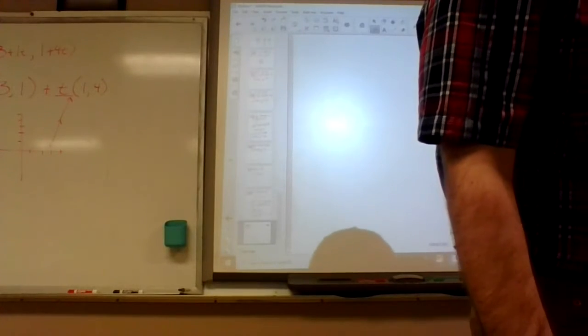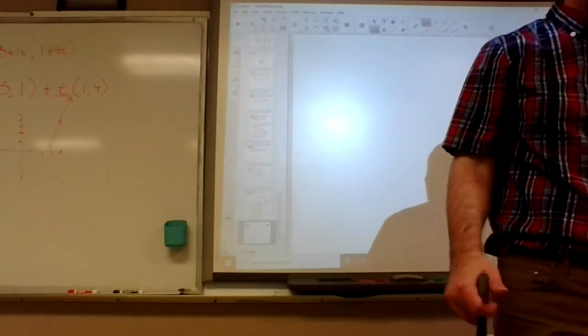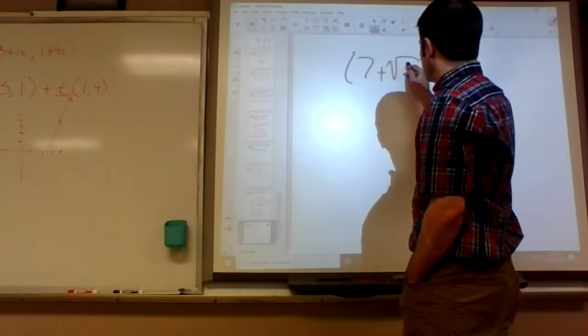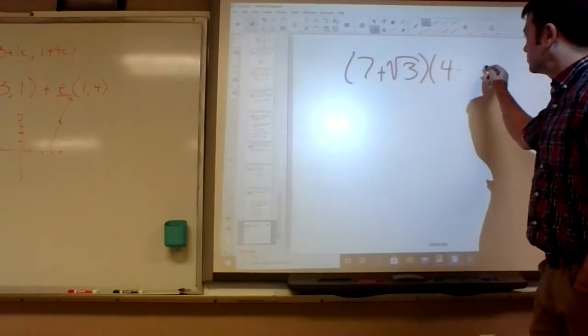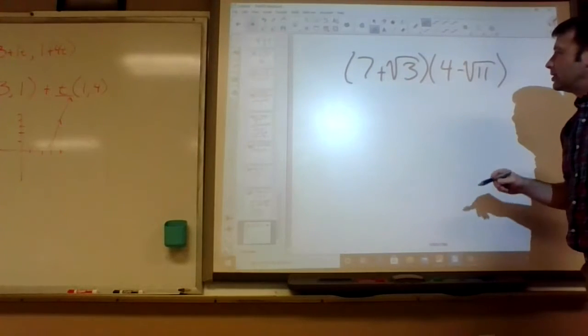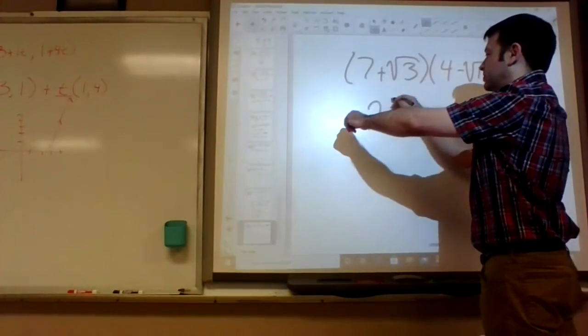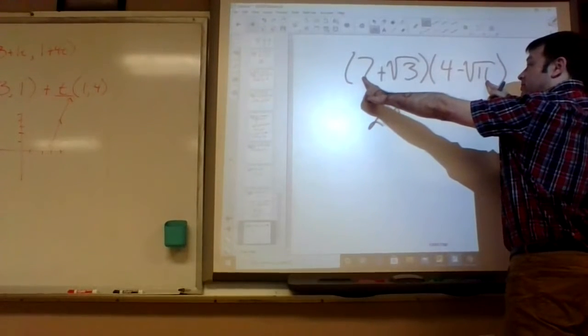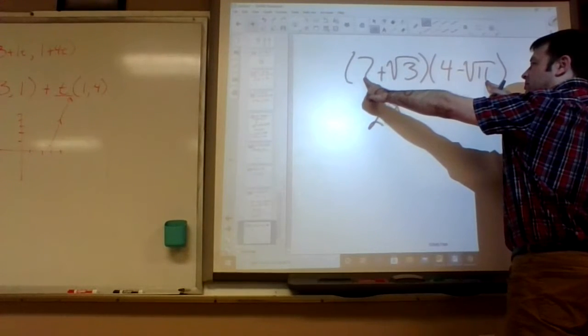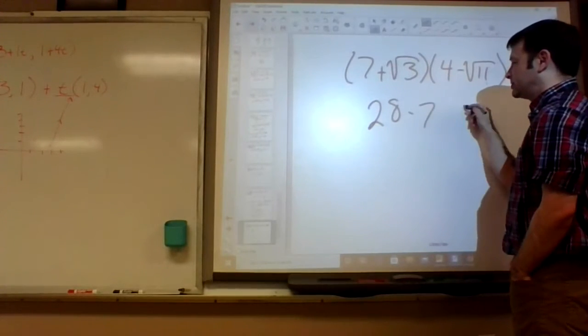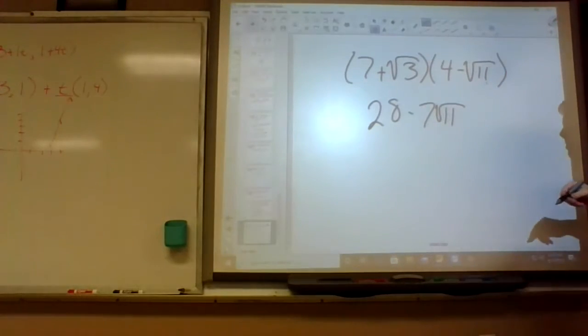Number 7. 7 plus square root of 3 times 4 minus square root of 11. What's first? 28. What's outside? 7 times square root of 11 is 7 square root of 11, negative.